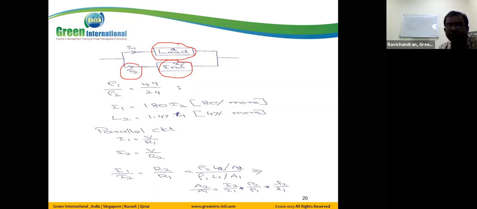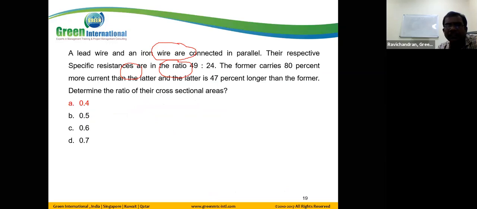In the question they mentioned that the specific resistances are in the ratio 49:24.